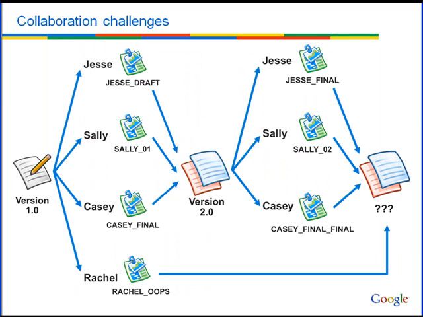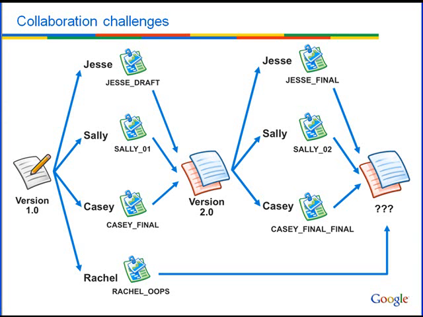For this slide, you can see that in the old model of doing things, if you had one document that you wanted to collaborate on and send to four different people, you would send it to Jesse, Sally, Casey, and Rachel, they would edit it and send it back to you for version 2. You would work on it, compile their thoughts, and send it out again to Jesse, Sally, and Casey.